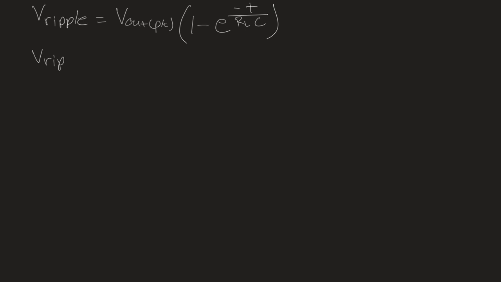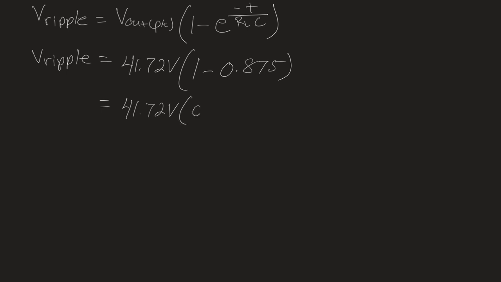So V ripple is equal to our V out peak, which is 41.72 volts, times 1 minus that 0.875 that we calculated a minute ago. And that's going to equal 41.72 volts times 0.125. And that's going to give us a ripple of 5.21 volts peak to peak.